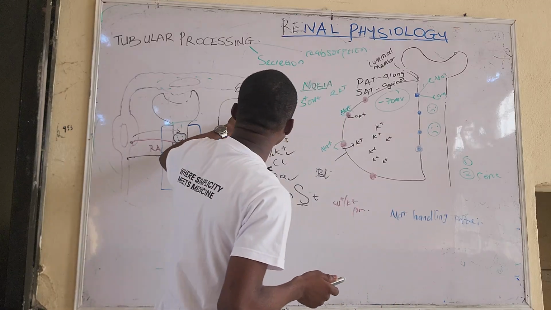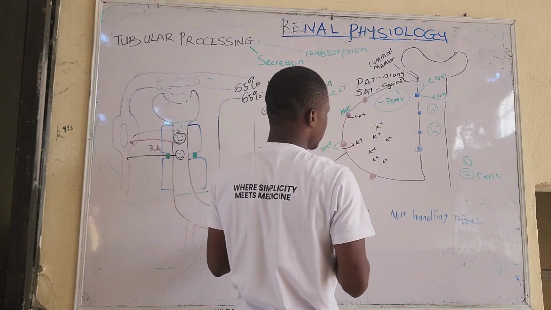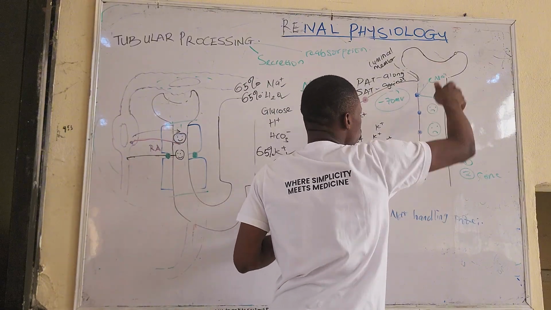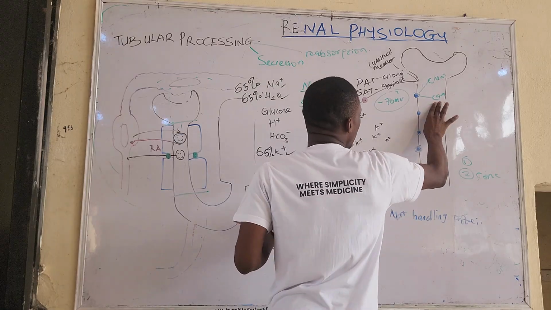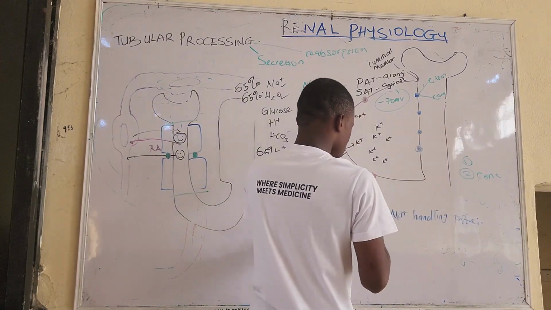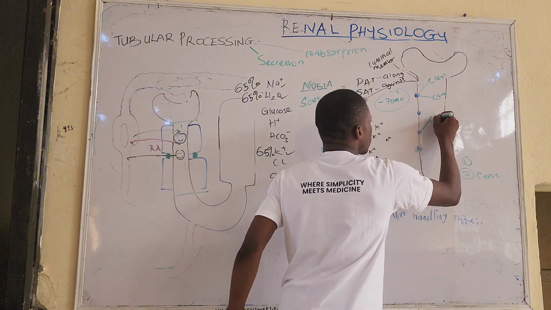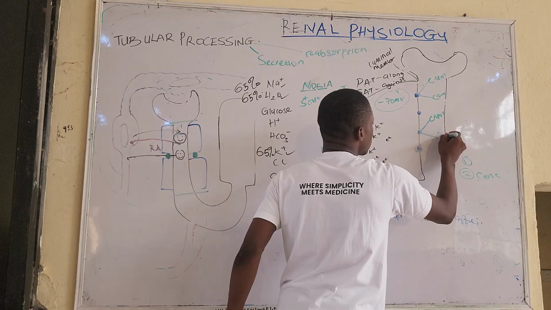Now let's look at how glucose is reabsorbed at this point. It is still the same mechanism. Everything I've explained is still the same, just that this sodium handling protein will have two points: sodium and glucose.